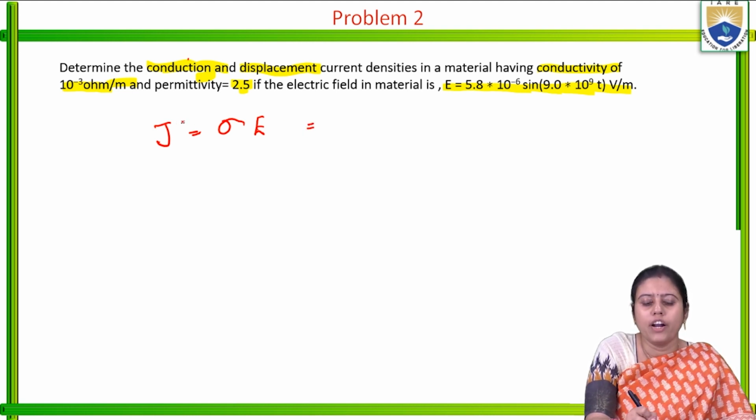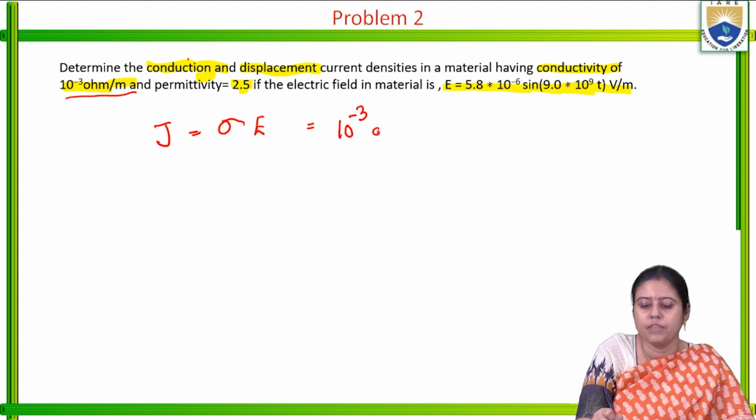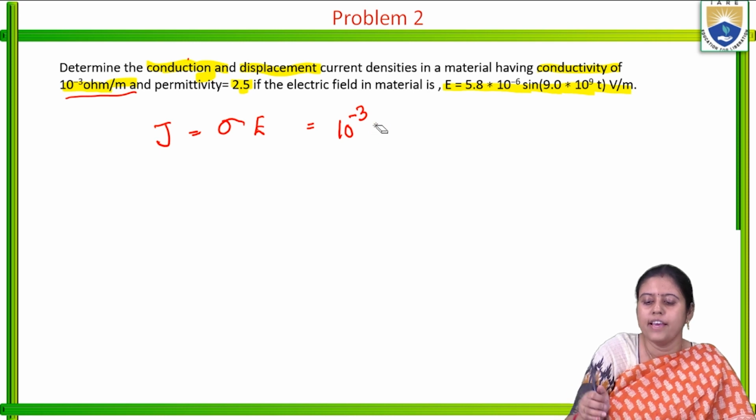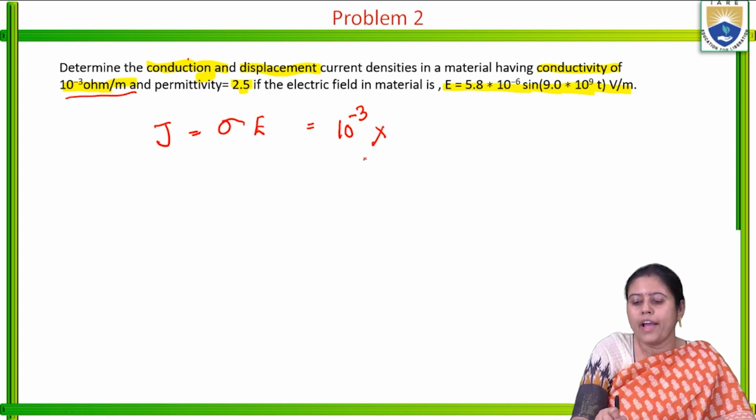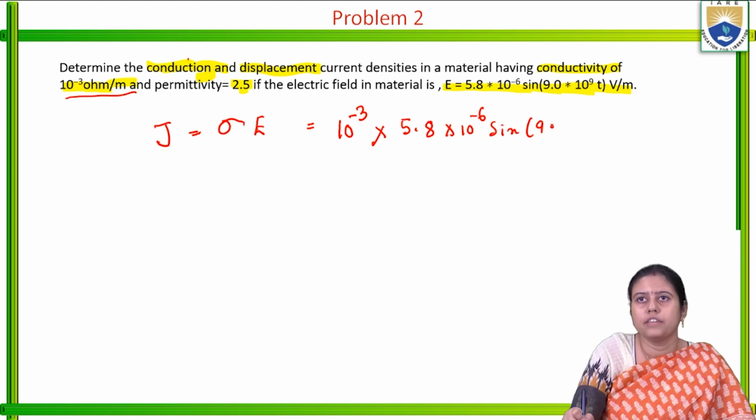Sigma is the conductivity, and the conductivity value is 10 to the power minus 3 ohm per meter. What is E? E is equal to 5.8 into 10 to the power minus 6 sin 9 into 10 to the power 90.